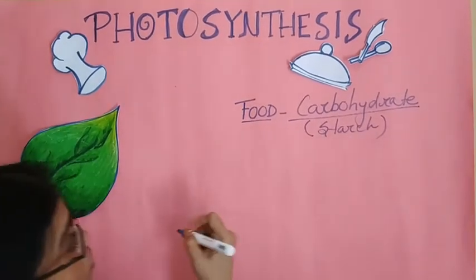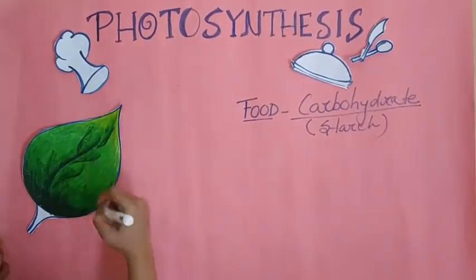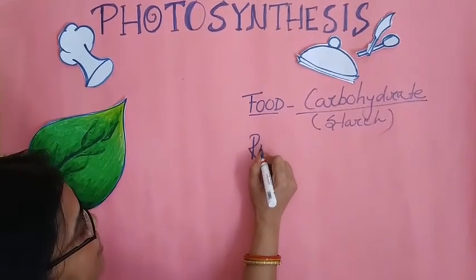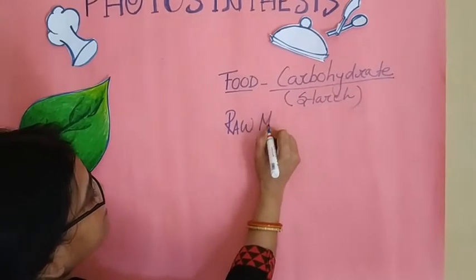Okay, now for this photosynthesis to occur, what are the raw materials? Raw materials are the ingredients.